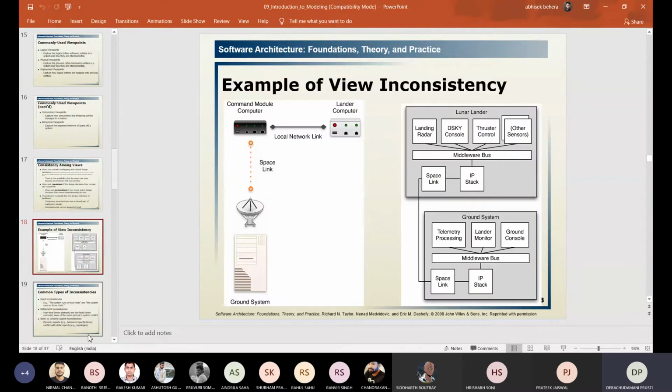So you can check here the example of view inconsistency. First there is a ground system. Then there is a lunar lander computer with a space link to the command module computer.